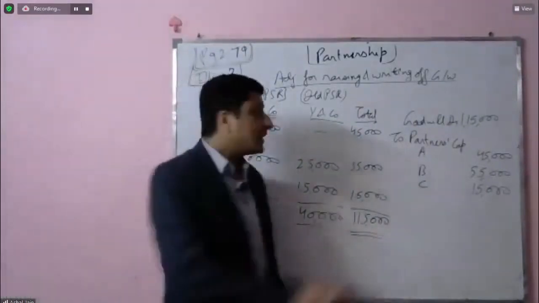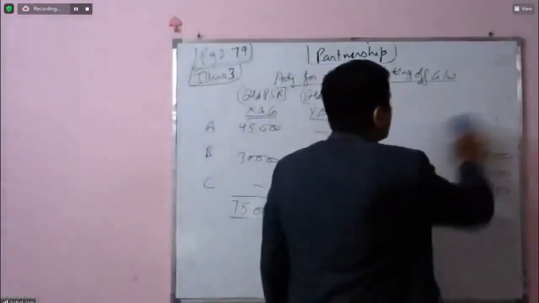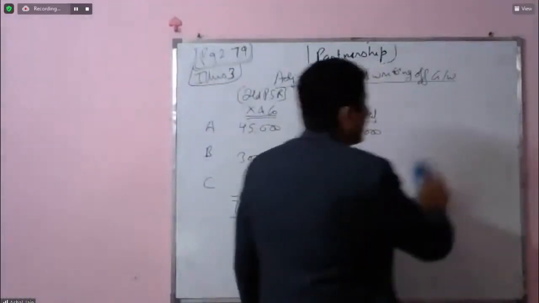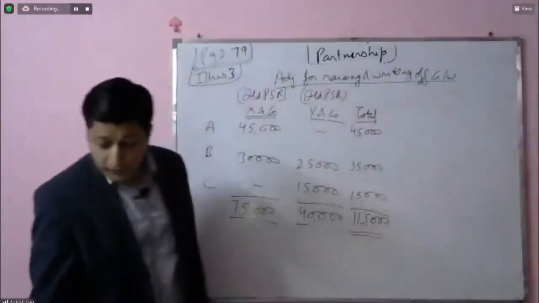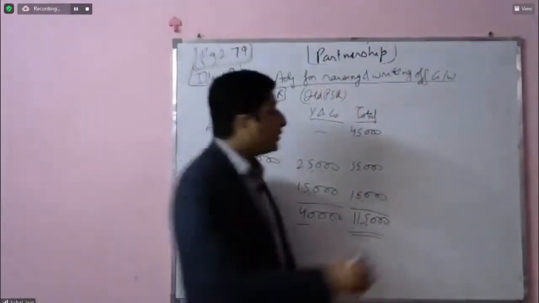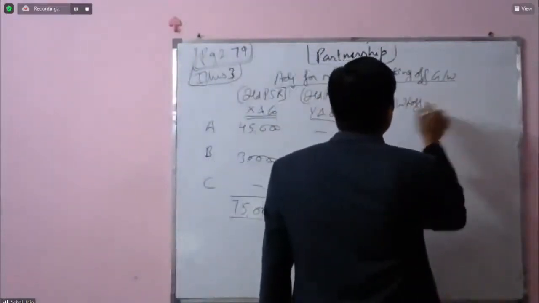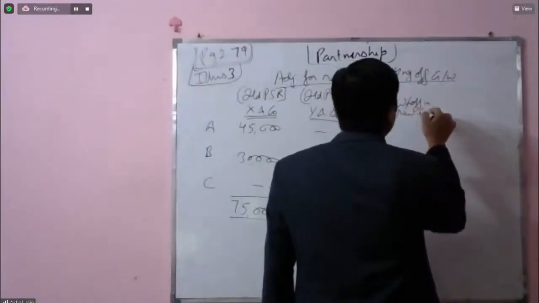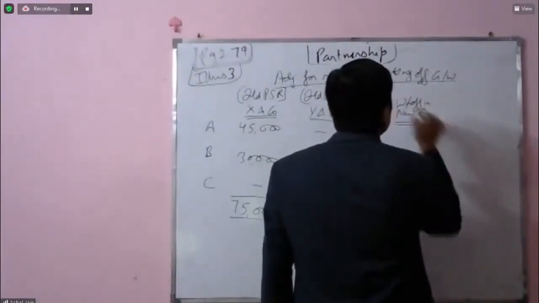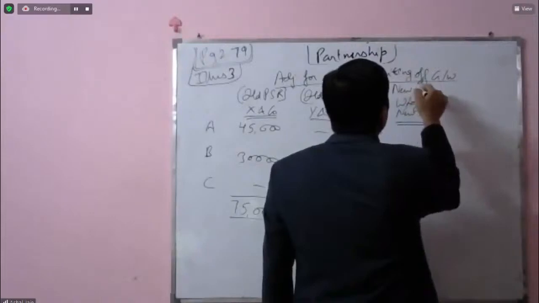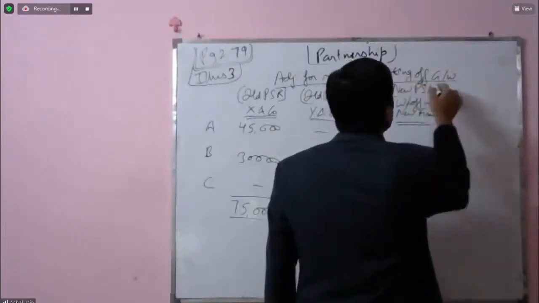But when it will transfer this to the partner's capital account, this will be made in the books of the partners in the new profit sharing ratio. So this will be written off in new firm in new profit sharing ratio.